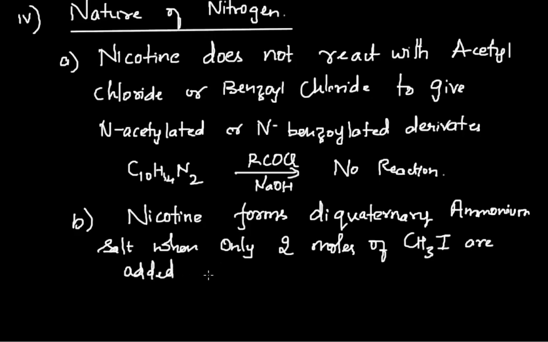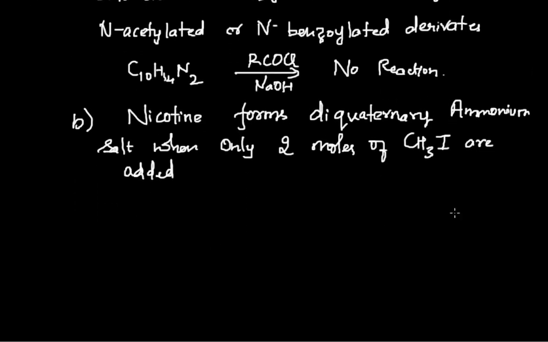So what it means is each nitrogen has only taken 1 mole of methyl iodide. So both of these confirm that, let me just write the reaction. C10H14N2, when you react it with 2 moles of methyl iodide, gives you a diquaternary compound.